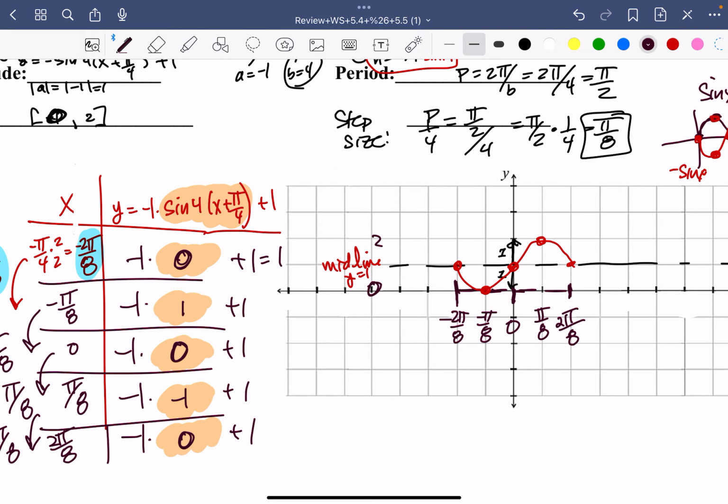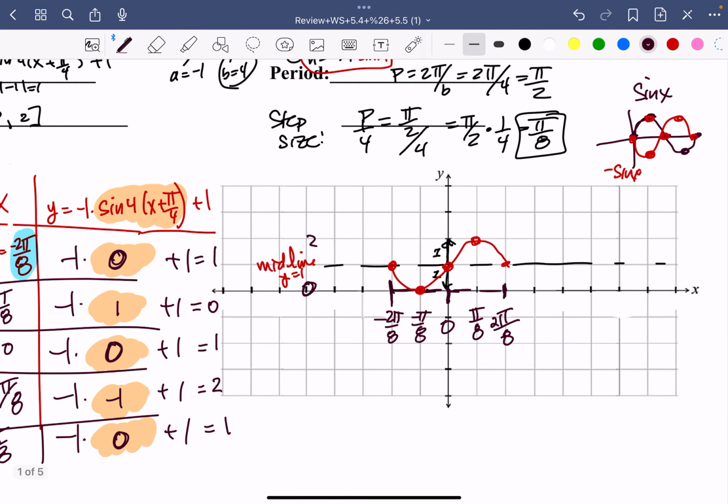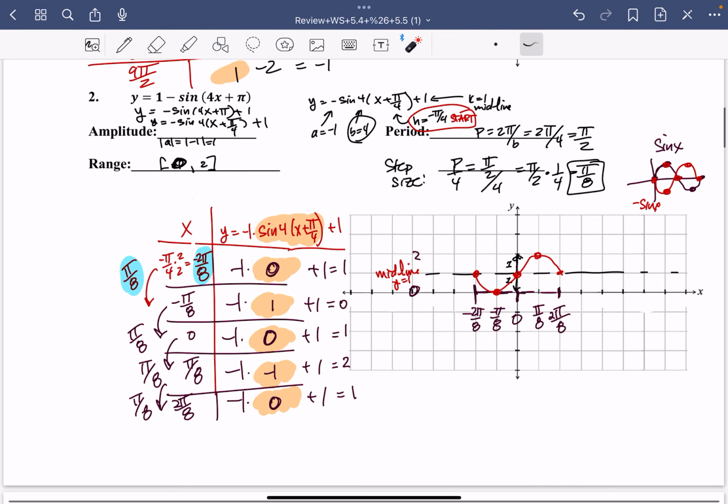So this would give you 1, 0, 1, 2, and 1. And yes, it gives us what we wanted: 1, 0, 1, 2, and 1, just like we thought earlier. So great work. Let's do another one.